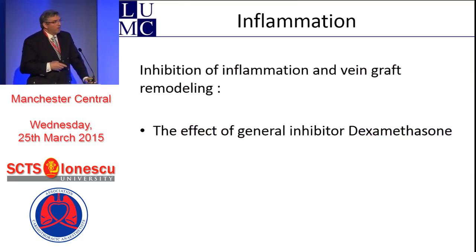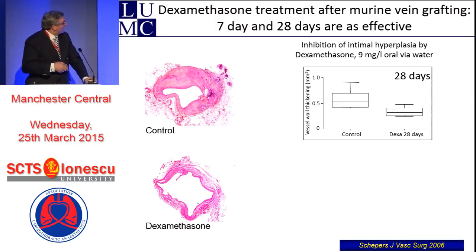To work with this model, we started off to study the role of inflammation. One of the simplest ways to study inflammation is to go for a potent inhibitor, and we started off using dexamethasone in our mouse model to see the effects on vein graft thickening. We gave mice an oral dose of dexamethasone in the drinking water, and we performed the surgery.